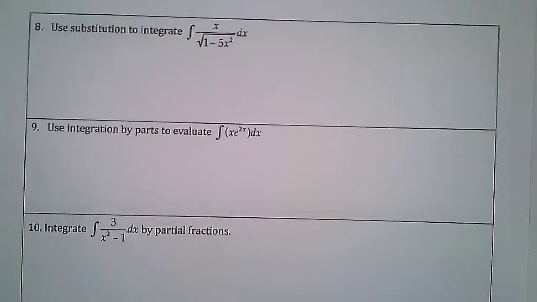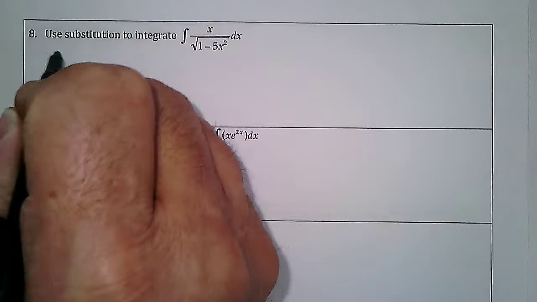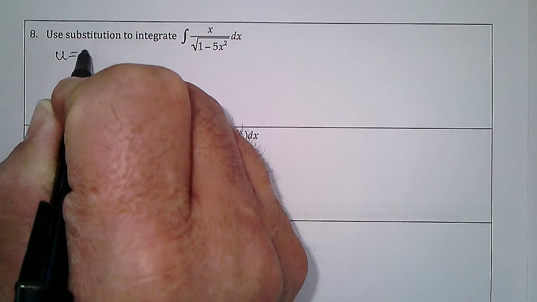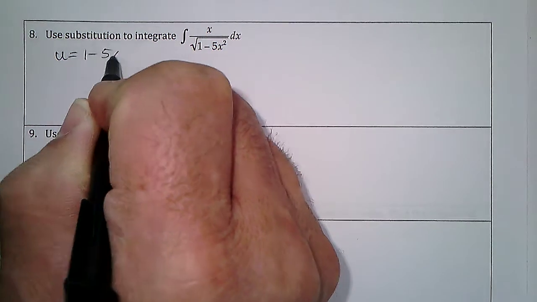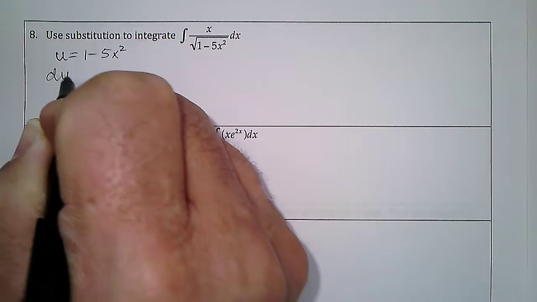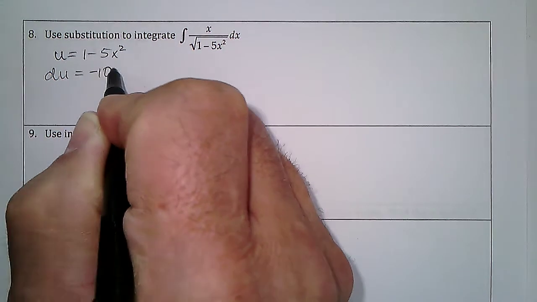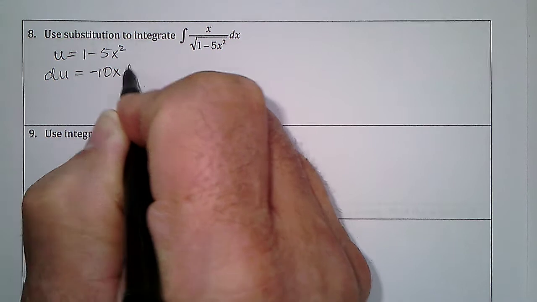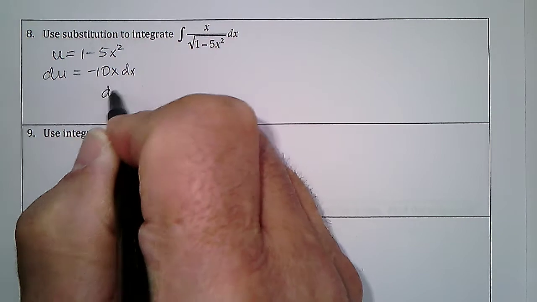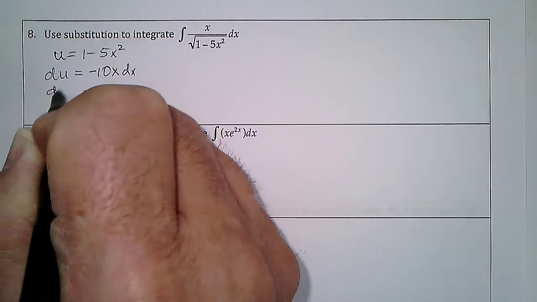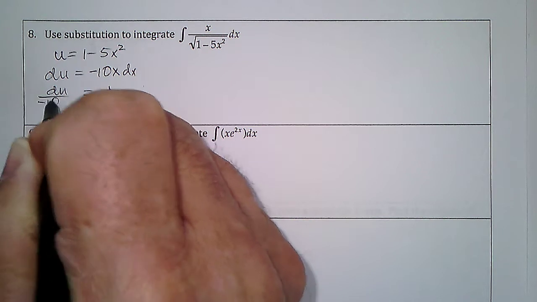Do substitution on this one. Well, it looks like if we let u equal 1 minus 5x squared, du would equal minus 10x dx. dx would be du over minus 10x.